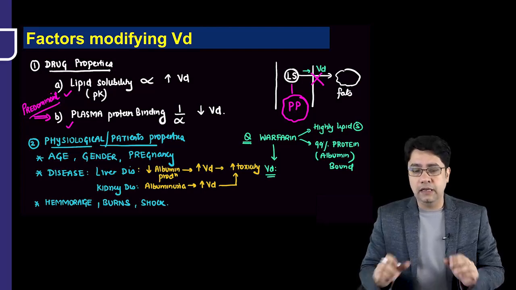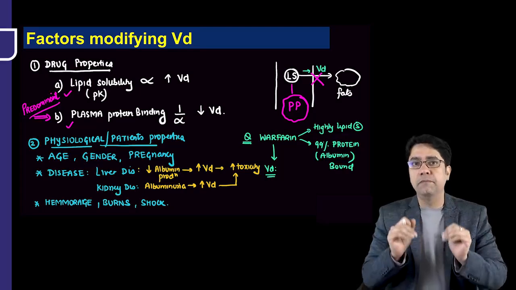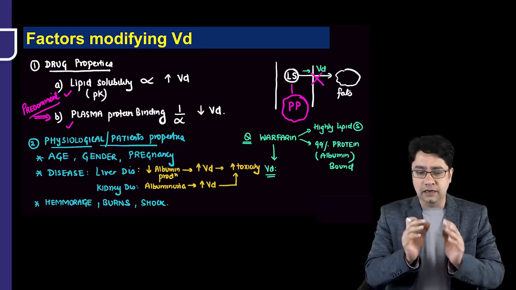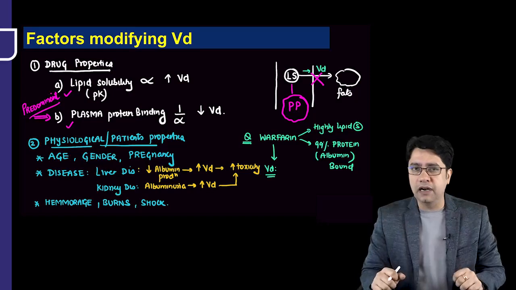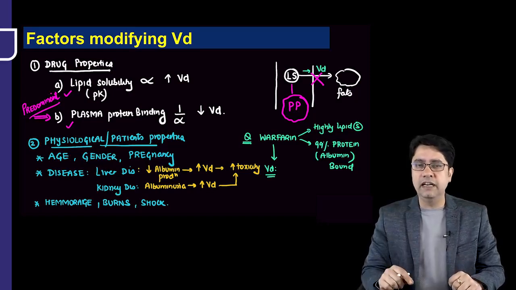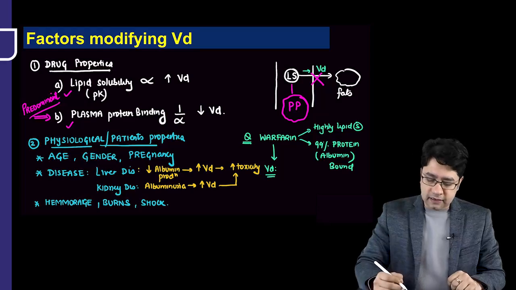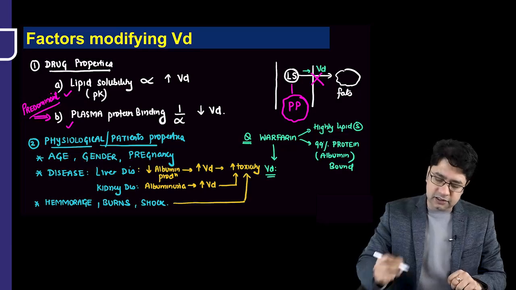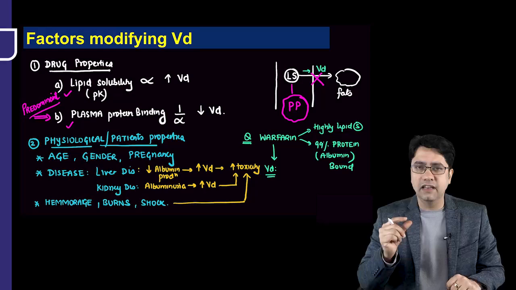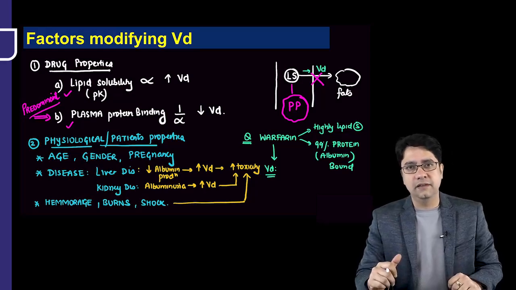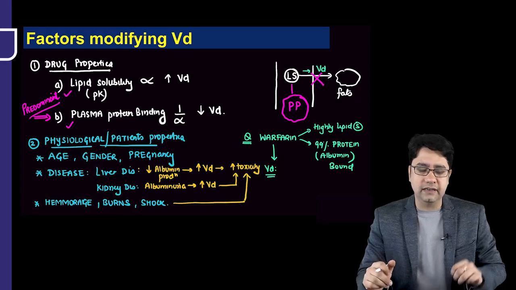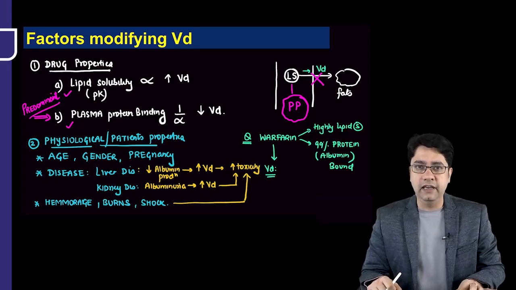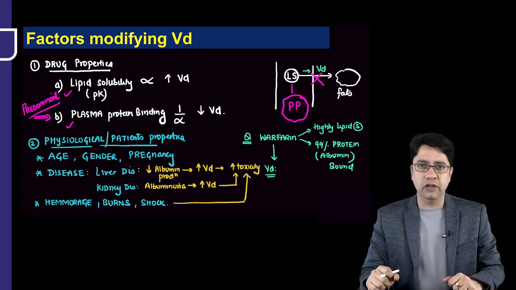Plasma and protein get leaked out of the blood vessel. If a drug is attached to plasma protein, the drug will also leak out. More drug will enter unwanted organs, and toxicity may arise in these conditions. Hence, we give a slightly lesser dose of drugs in burns, hemorrhage, and shock. So these are the factors which modify VD, and the main factor is plasma protein binding.